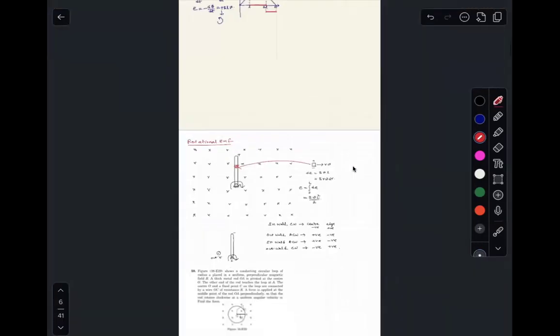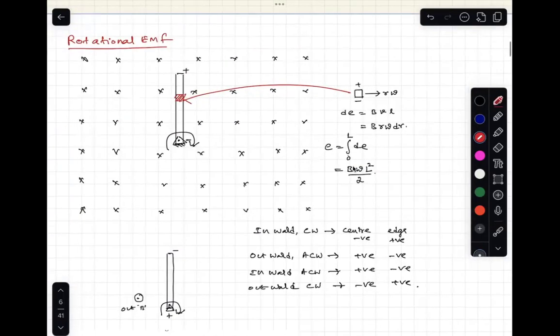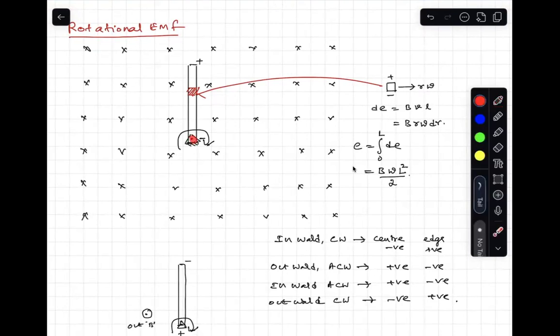Next, similarly, we will work on the rotation part, rotational EMF. I am introducing the topic now. Now you see the rod rotating in this case about a fixed axis. My focus is only on a single element.